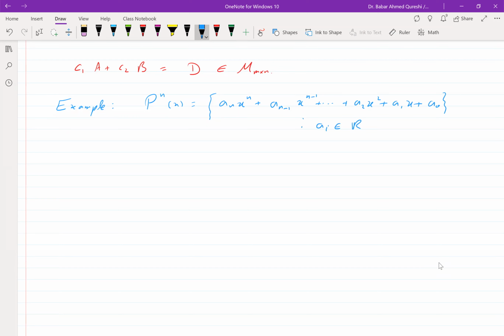You collect all of these with any arbitrary numbers, and then obviously you can very easily see that if P of x and Q of x are two polynomials of degree n, I add these two guys.